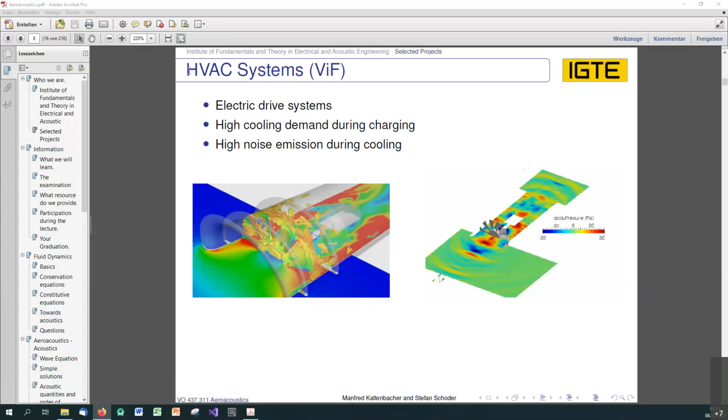Okay, the HVAC system topic: HVAC means heating, ventilation, and air conditioning and cooling systems. With increasing electrification in the cars and electric drive systems, we have a high demand on cooling during the charging.